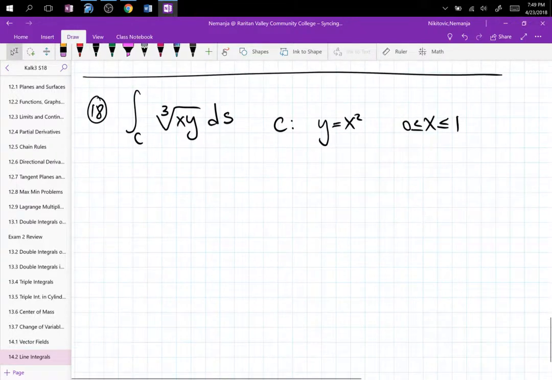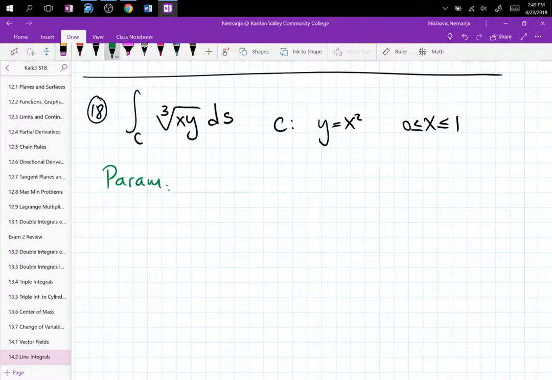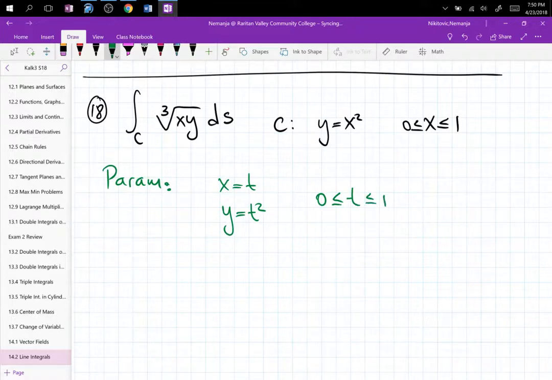Okay, parameterization first. So we will set x to be t, and then y becomes t squared, and because x equals t, direct translation, 0 less than t less than 1. This is the cheapest and the fastest way to do parameterization, and it's amazing when it works. Can't do it for a circle, but you can do it for most of these basic functions.